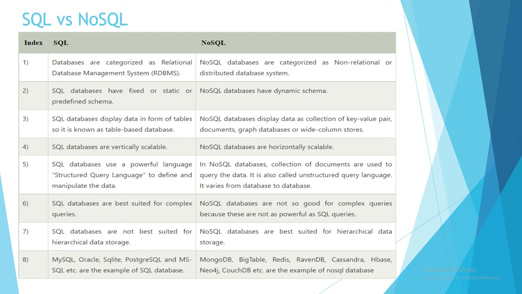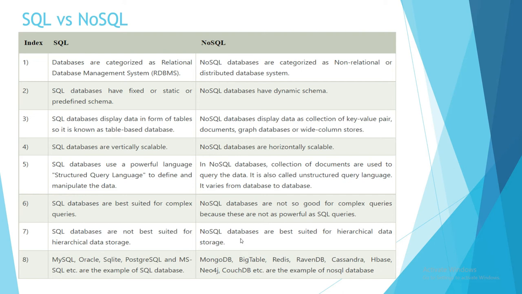But these are not that powerful for us, and it is also very difficult. That's why I'm saying it is not good. And SQL databases are not suited for hierarchical storage, whereas NoSQL databases can be suited for hierarchical as well as non-hierarchical storage.